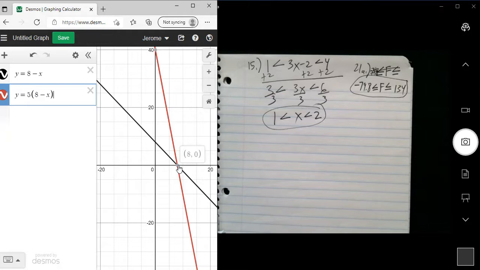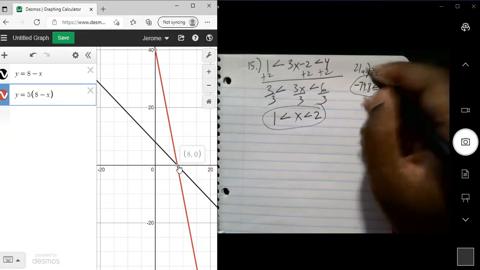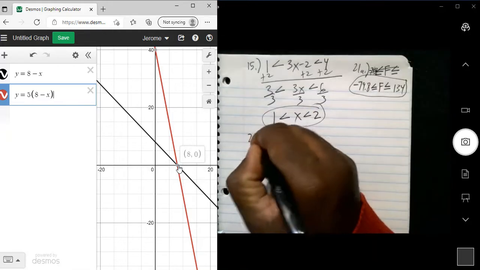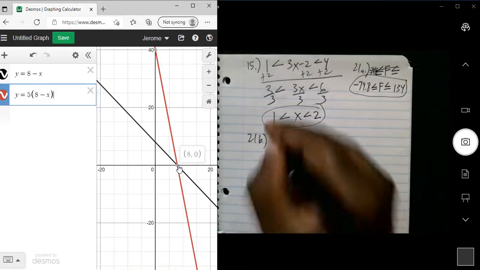Okay, now B. It says, recall that Fahrenheit and Celsius temperatures are related by the formula F is equal to 1.8 times C plus 32. Rewrite the compound inequality in part A to determine the temperature range in degrees Celsius. All right. Now 21B is basically a substitution problem.